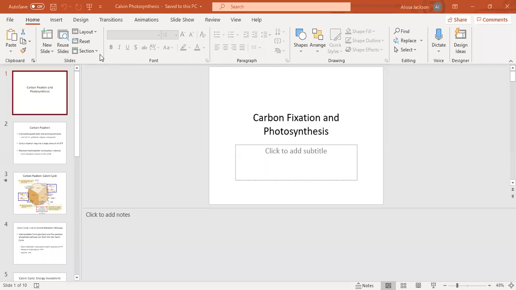So I guess we can do carbon fixation and photosynthesis. You guys that have biochemistry on Friday probably know a lot more about this than me because it's been a while. But let's go for it.